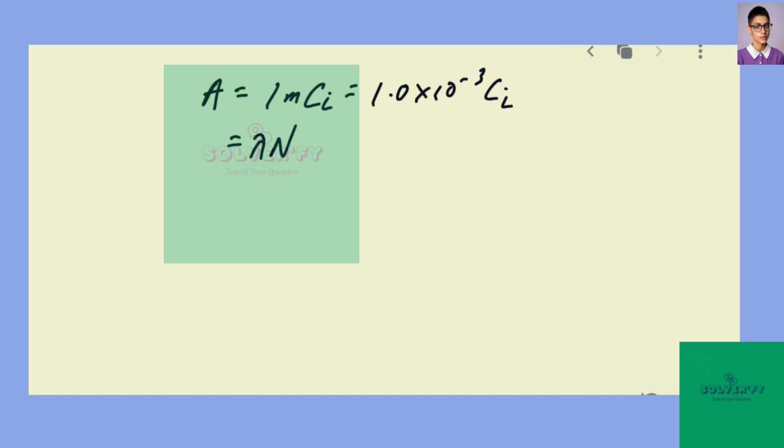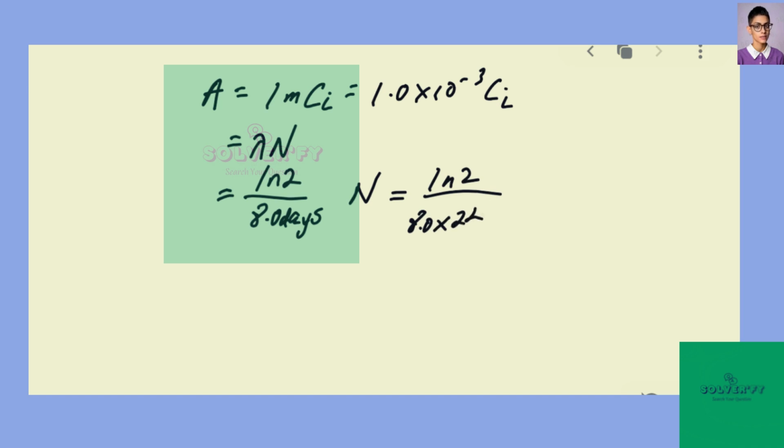So we can get our number of nuclides by simply knowing lambda. From the previous page, we already know that lambda is ln 2 over 8 days, times n. But in this case, we need to convert the days to seconds, since curies we're going to convert later into decays per second. So what we have to do is multiply 8 days by the number of seconds in a day. That's 24 times 3600. So this will give us the value in terms of seconds.